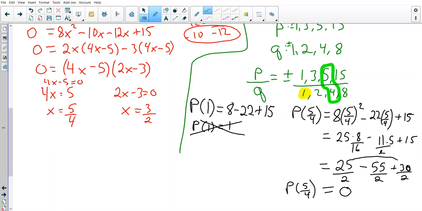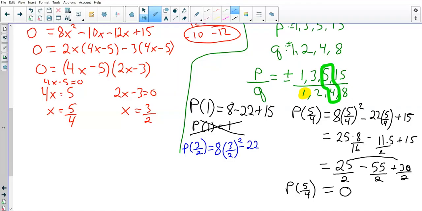I can run through really quickly and just check P of 3 over 2 as well, just to prove that it's going to be a factor. As I'm doing this, the really important thing to remember, which I have already mentioned, is that if I didn't already know which values work, I would have to just be trying values to find a factor.